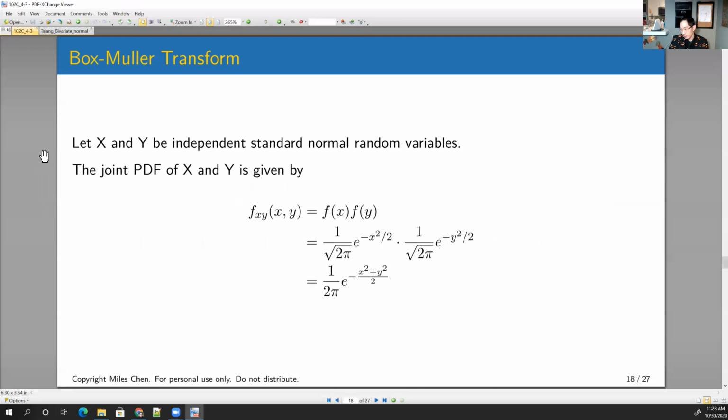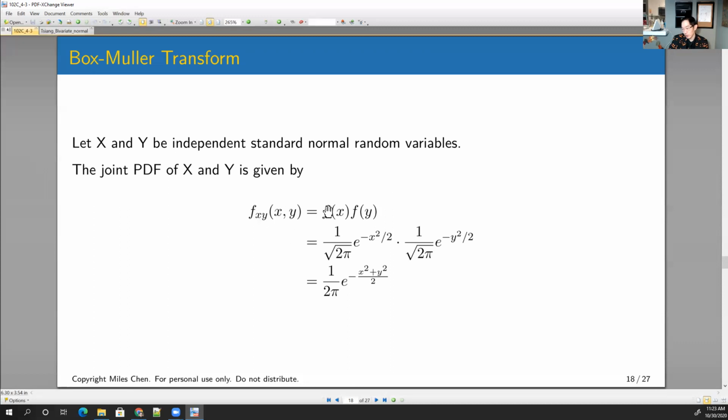First we're going to take a look at the joint distribution of two independent standard normal variables. X is a standard normal random variable, and Y is a standard normal variable. If X and Y are independent, their joint density is just the product of f of x and f of y.